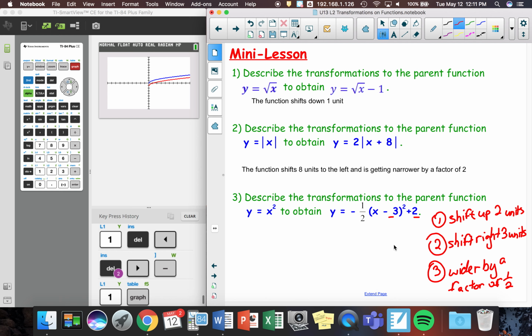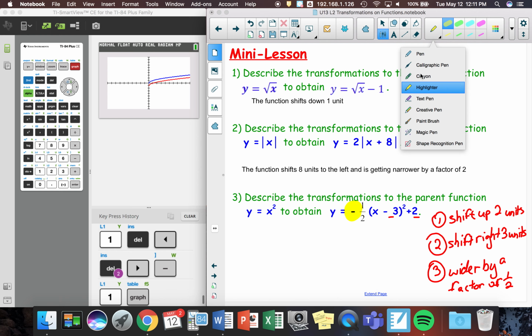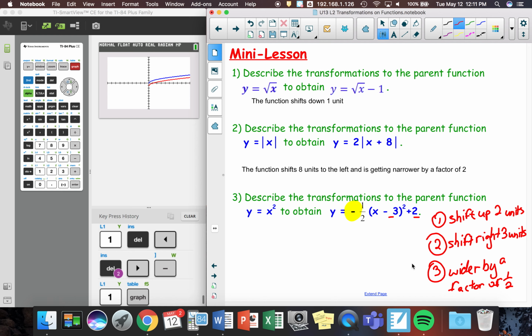Now, if you thought that this was your final answer, you might be mistaken. A lot of people often forget this part right here. Let me see if I can get a highlighter. Yes. This part right here, a lot of people forget. That's a negative sign. Because there is a negative sign, we need to include that.